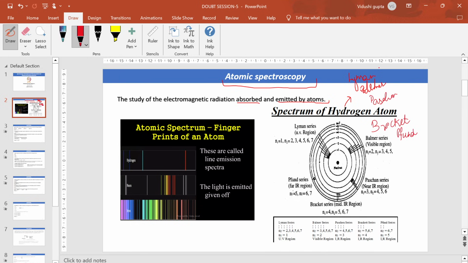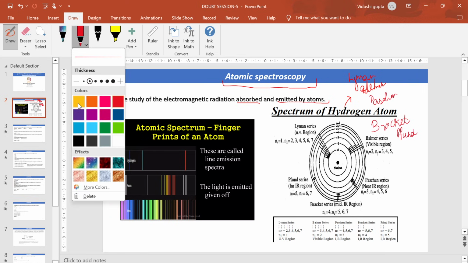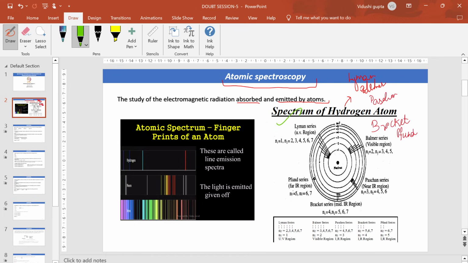So these are the different series for the hydrogen atom. In the Lyman series, the transition occurs from the first orbit to a higher orbit, that is, n1 will be 1 and n2 will be 2, 3, 4 and so on. The Lyman series is obtained in the UV region.